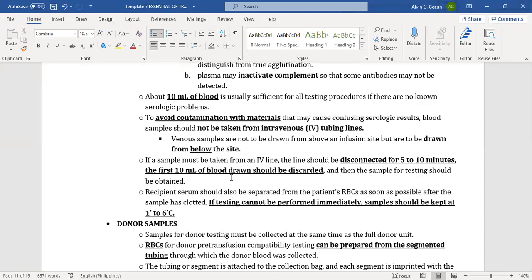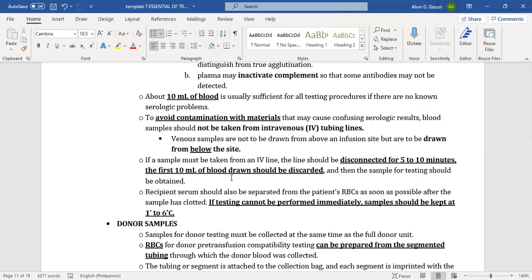The first 10 ml of blood drawn should be discarded. Tandaan nyo yun. And then the sample for testing should be obtained. So again, disconnect for 5 to 10 minutes, draw 10 ml of blood from the patient, discard that, and then collect again, yun yung gagamitin mo.